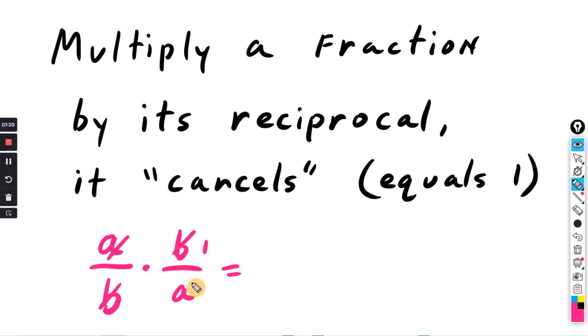And a divided by a cancels, and that's just 1. And of course 1 times 1 is just 1. So if you have a fraction times x, and you want to get rid of it, you multiply both sides by the reciprocal. So let's see the problems.